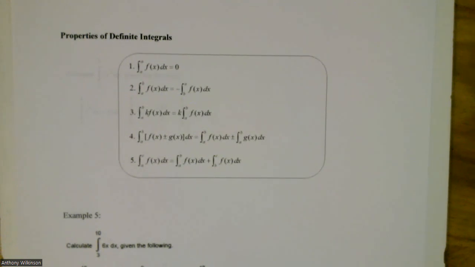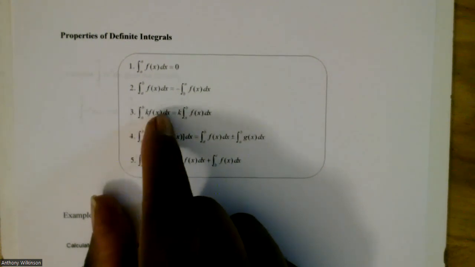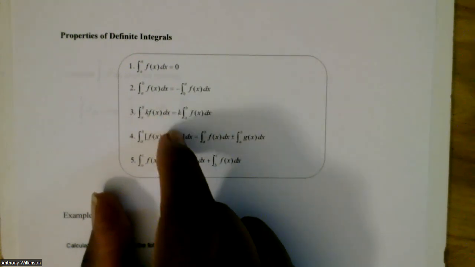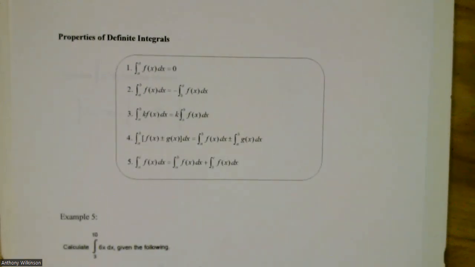Then number 3, the integral from a to b of the constant k times f of x dx. Like we did in the previous videos for sections 5.1 and 5.2, we can pull the constant out in front of the integral sign, so it'll be k times the integral from a to b of f of x dx.